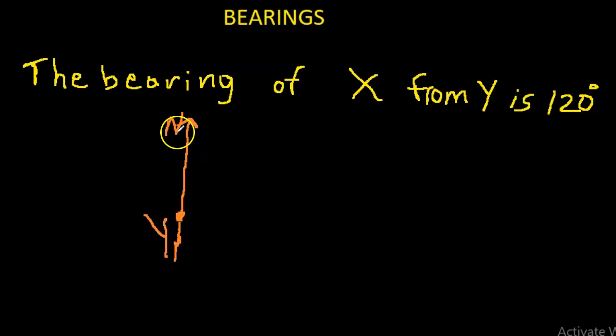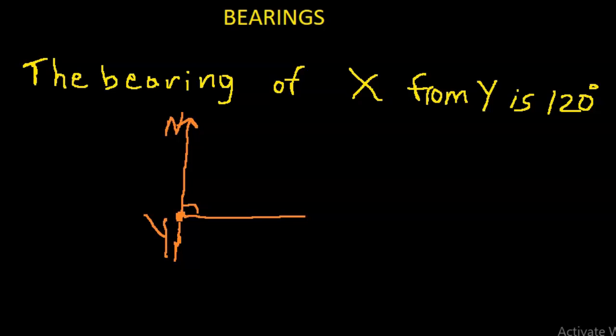Alright, so the bearing is 120 degrees coming from here. So this is 0 here. But remember, here would be 90, right? That's a 90 degree angle, good? So 120 would be just a little bit past the 90. Agree?